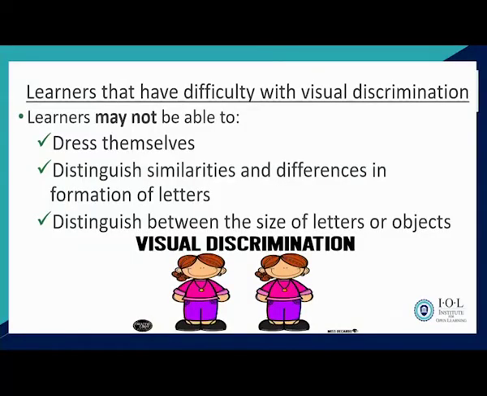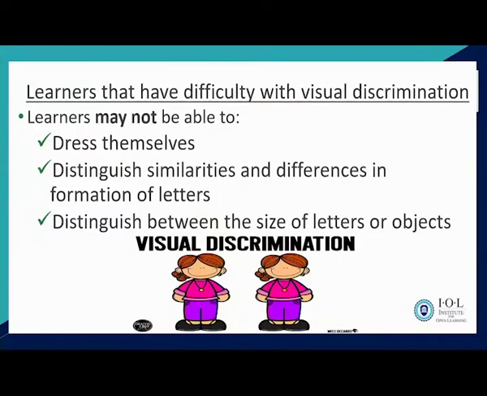Right. Learners that have difficulty with visual discrimination. How would I identify the learner that has difficulty with visual discrimination? The one that has difficulty with B, P, or D, those letters. They are the learners that may not be able to dress themselves.